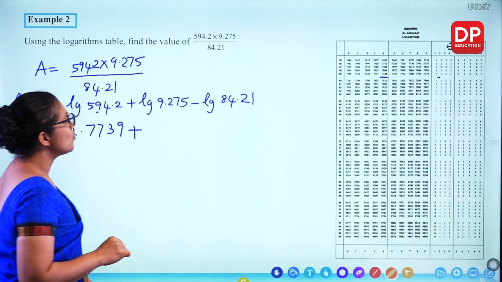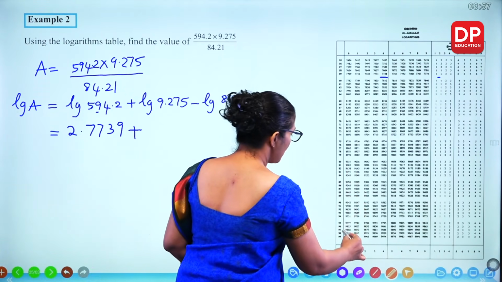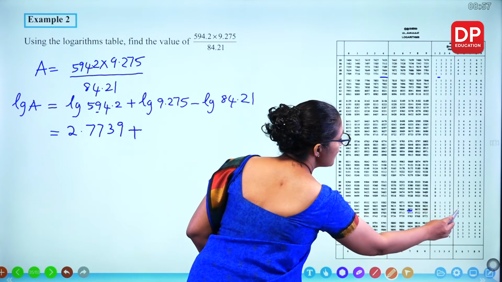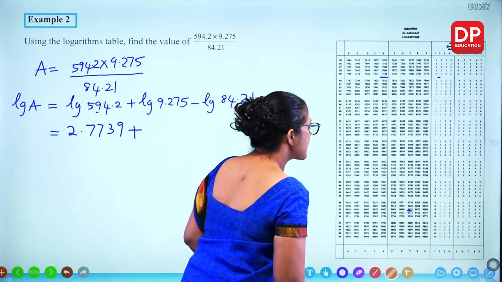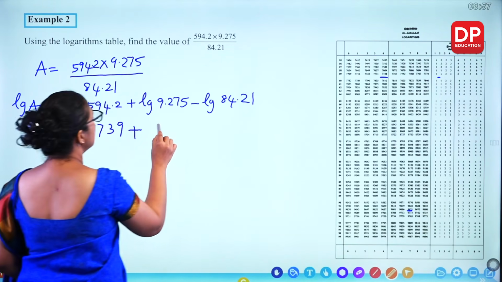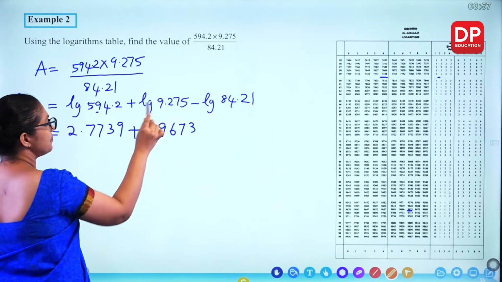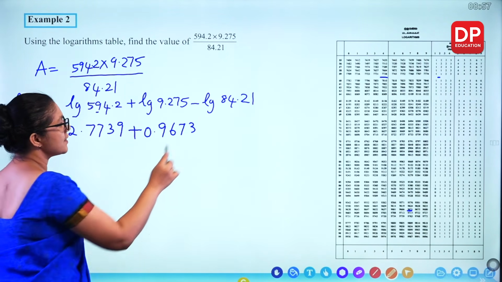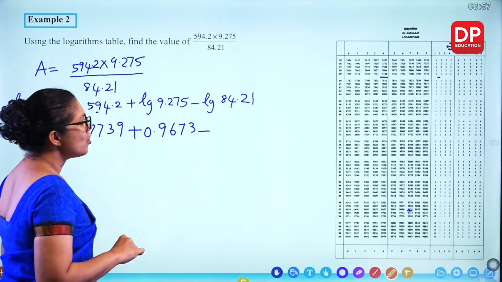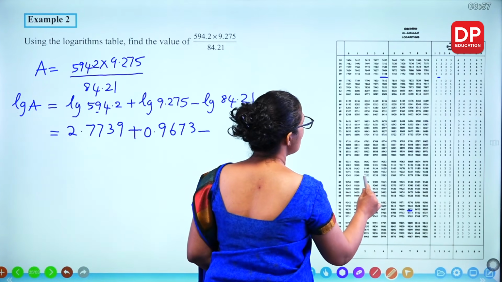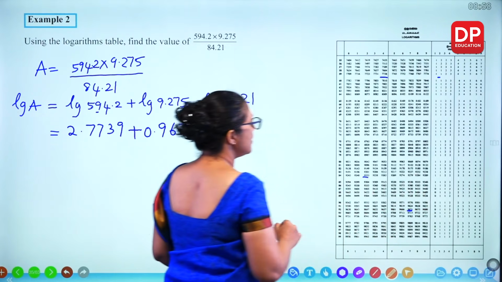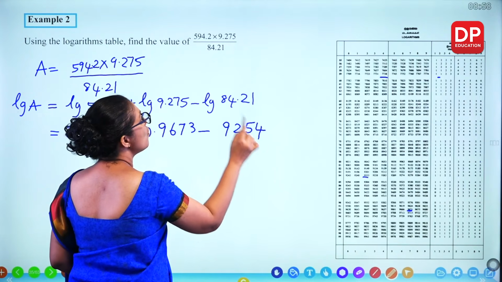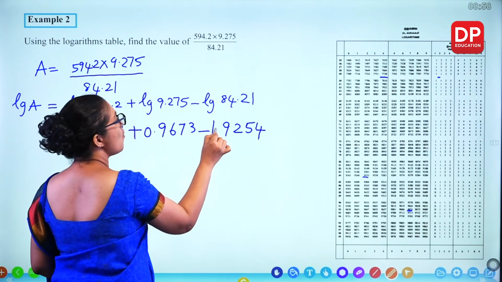This number, 9275. 5 is 2. 9673. Characteristic is 0. So 0.9673. Here 8421. 8421 is 1, 9254. This characteristic is 1.